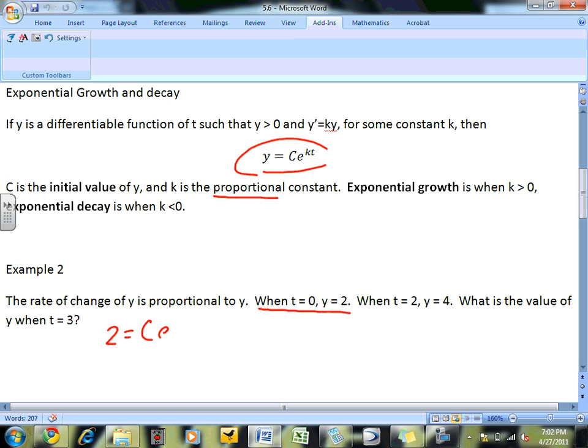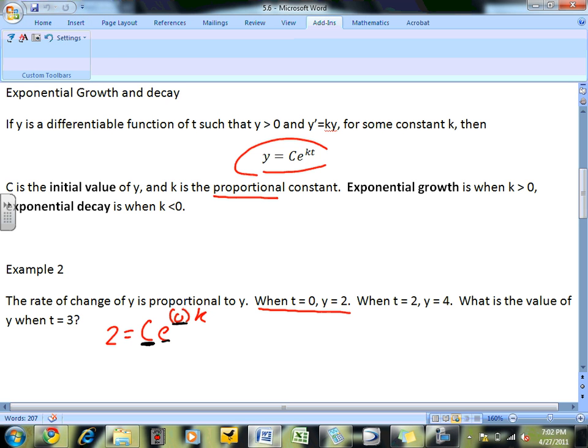So we have c times e to the k times 0. We don't know what our k is yet, but we're going to end up solving for it. Actually, 0 times k is going to be 0 no matter what, right? So we have e to the 0 power, and anything to the 0 power is just 1. So I have 2 equals c. So in fact, c equals 2.